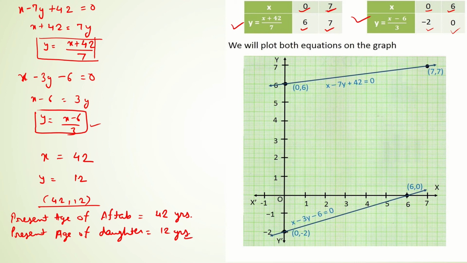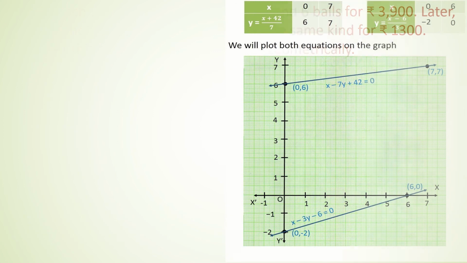So the point where the lines meet, that is the answer, that is the particular situation at which the given lines intersect. So the point represents the values of the independent variables which are to be found in the problem.